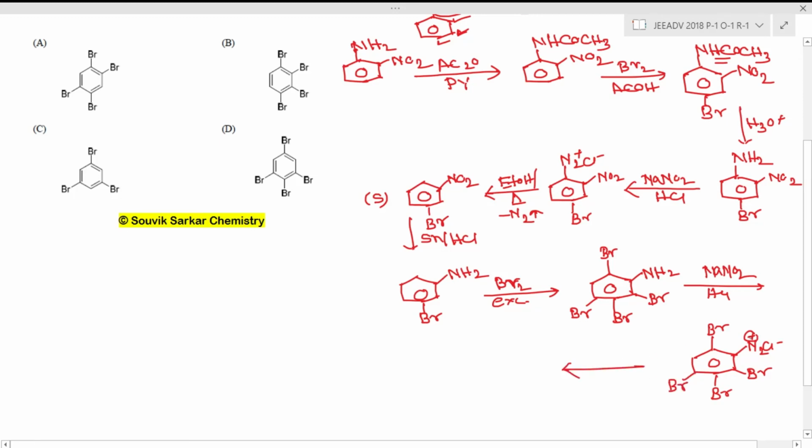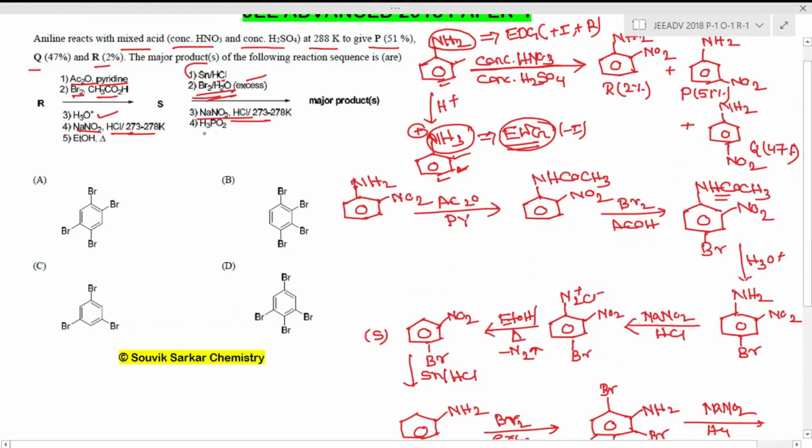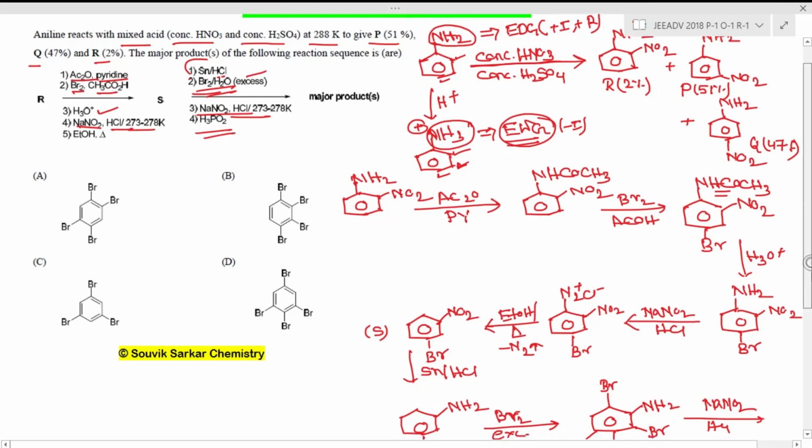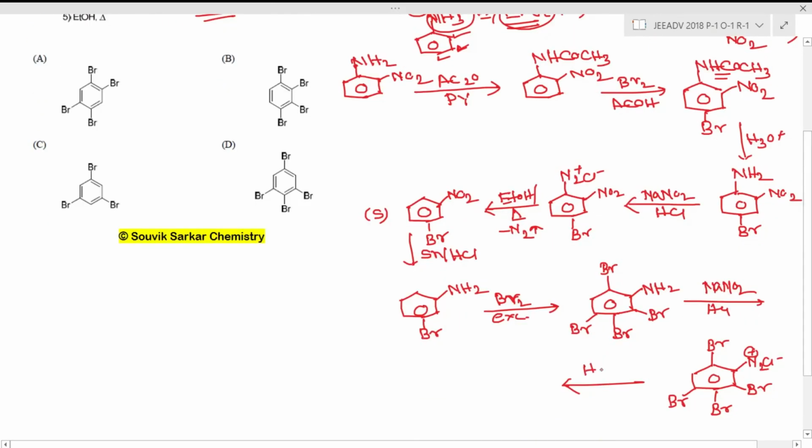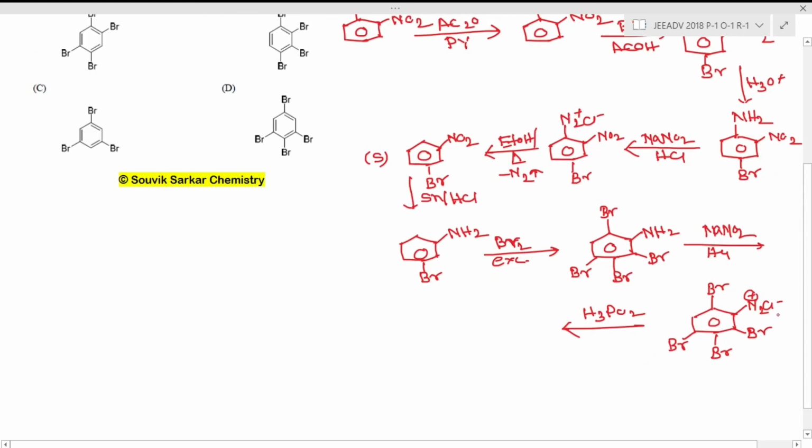Then it was treated with H3PO2, and it is a common reaction when we treat diazonium with H3PO2. Nitrogen is liberated and we will get our final product, that is the tribromobenzene. This is our final product.